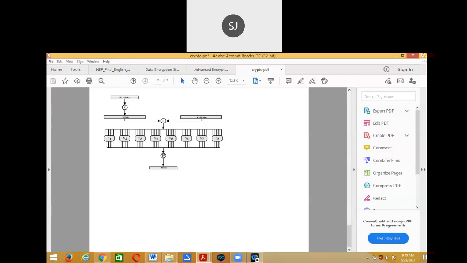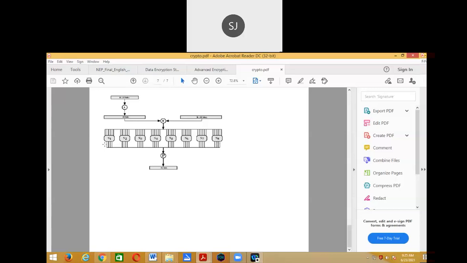There are 64 elements in each S box, but the value of every element is at most 15, so that it can be represented using 4 bits. So it is 6-bit input, 4-bit output. These 6 bits select a particular element from this S box, and you get a 4-bit output from each S box.